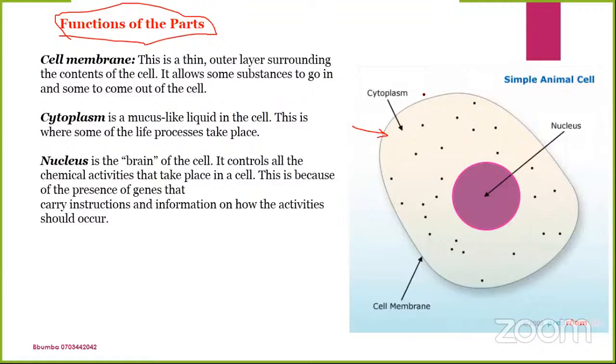It's a very thin outermost layer that surrounds the cell, and it allows only certain substances to go in and certain substances to move out. That's why I'm calling it selectively permeable. That is the word that we normally use.